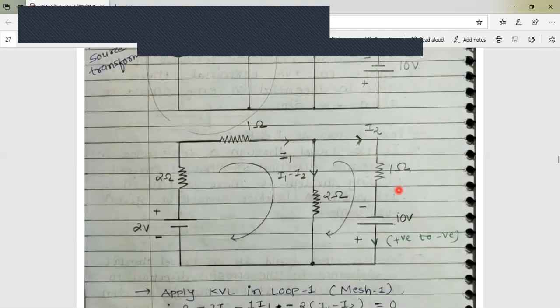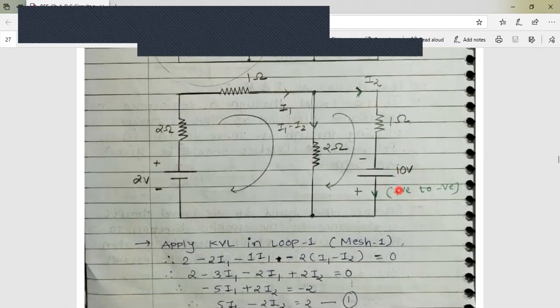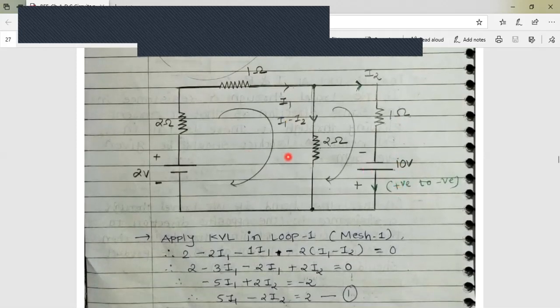Now see in this circuit, we clearly see that there are two meshes. This is the first mesh, and this is the second mesh. So we are going to apply KVL in loop 1. According to KVL, we can write the equation, starting with the 2 volt source: 2 minus 2I1 minus I1 minus 2(I1 minus I2) equals 0.